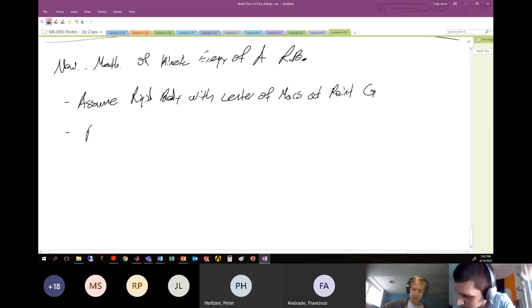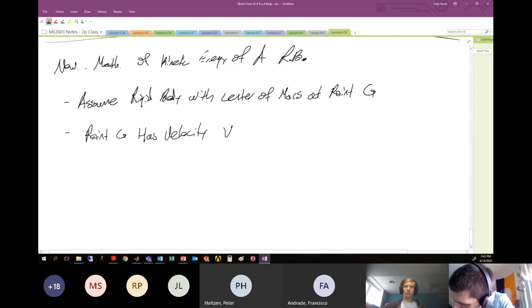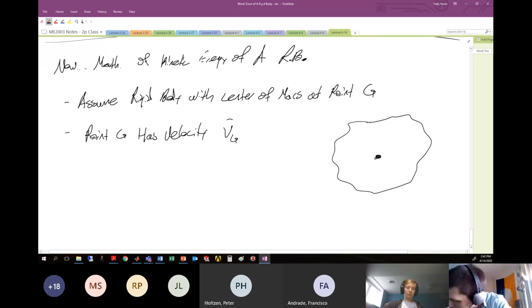Point G has velocity VG. So here's your mechanics potato. You've got some rigid body with some center of gravity G, and this point G has some velocity as it moves through space, which we call V.